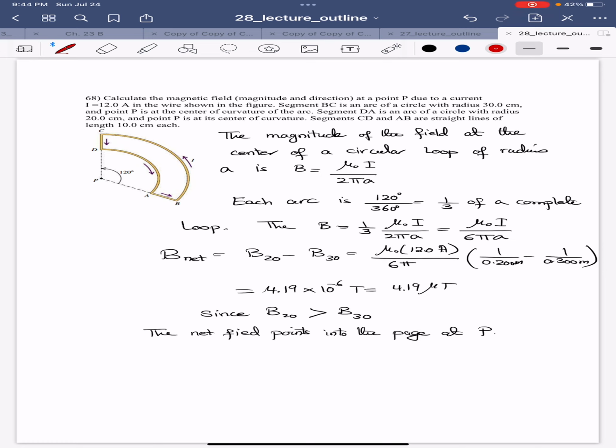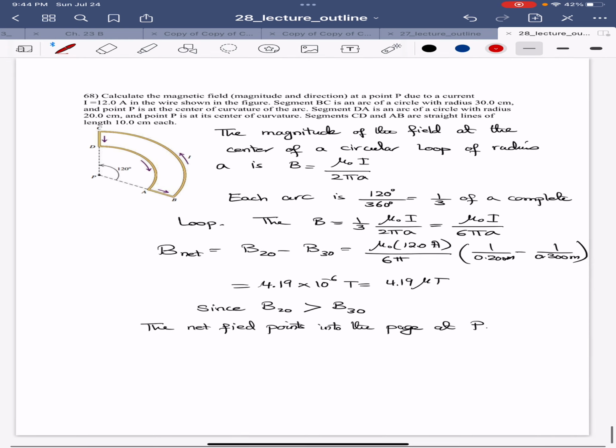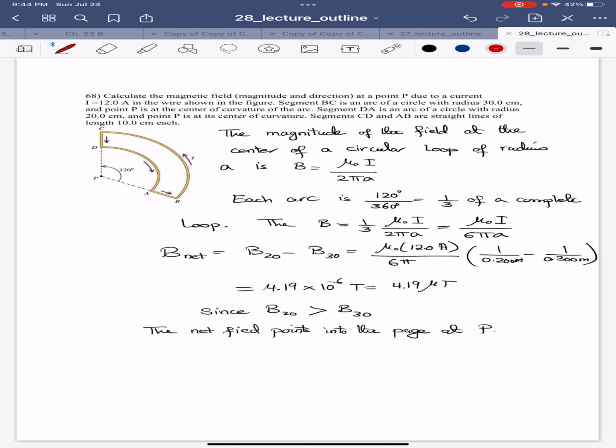Now the magnitude of the field at the center of a circular loop, we concluded that it is B equals mu 0 I over 2R. Now each arc here is 120 degrees, therefore 120 over 360 is 1/3 of a complete circular loop.